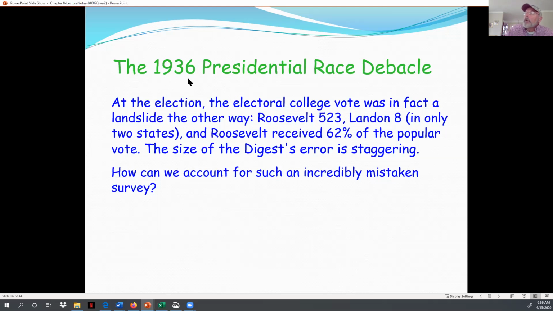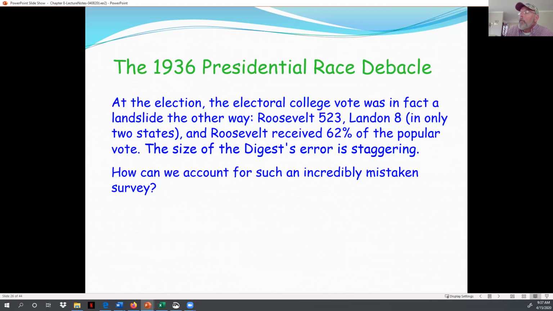Well, in 1936, the country was in the Great Depression, right? And those people that had cars and telephones were very unusual, they were not very typical, right?